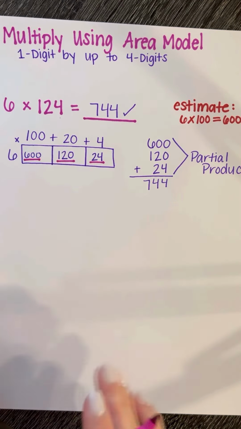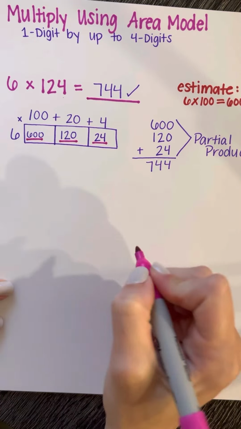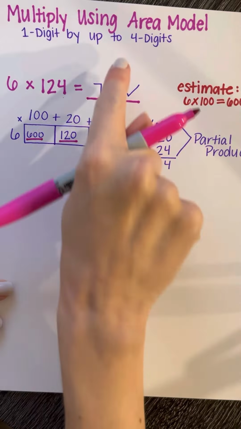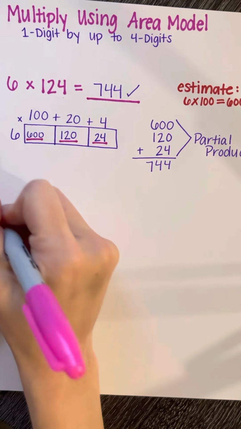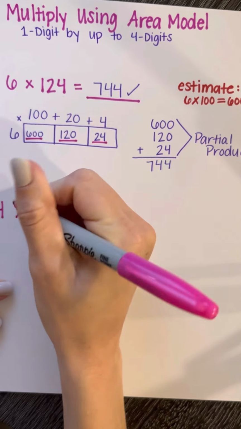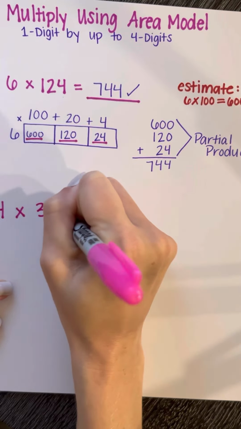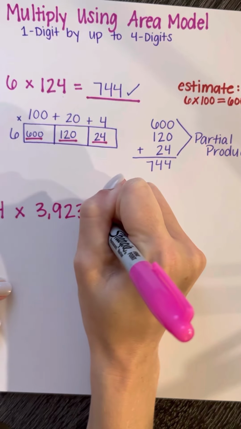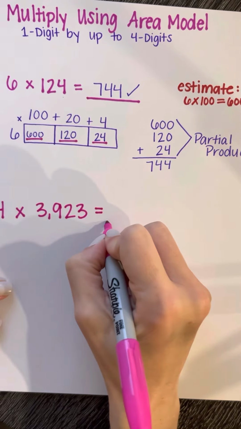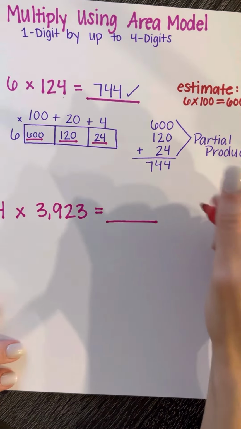I would like to do one more example and do a number in the thousands since we're going up to 4 digits. So we can also do this with 4 times 3,923. And again, we would like to get an estimate first, just so that we can check our reasonability.